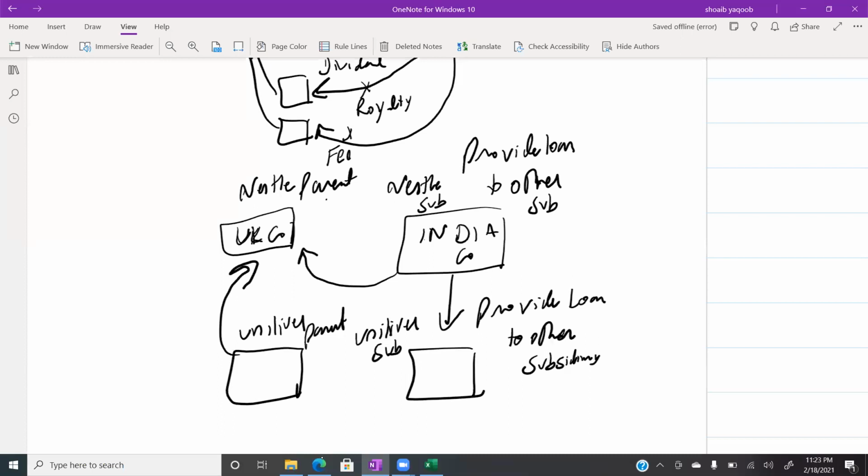The Nestle parent has invested in India, into the Nestle subsidiary company. The Nestle subsidiary wants to give funds to the UK company, but it can't because the Indian government has put a restriction on that. So the Nestle subsidiary will provide a loan to the Unilever subsidiary. And in return, the Unilever parent company will pay the UK Nestle parent company.